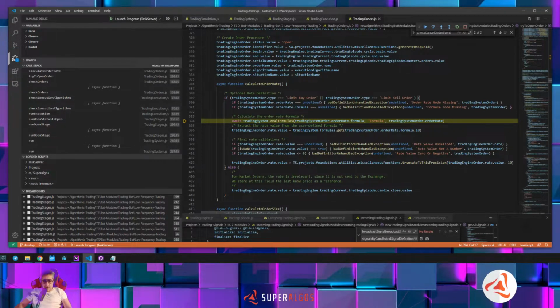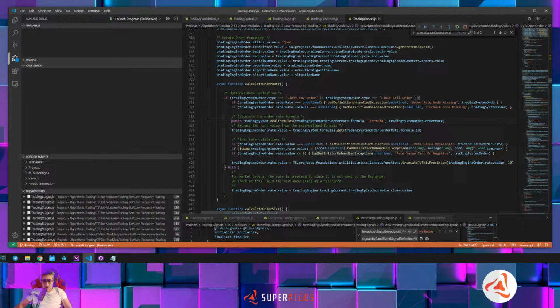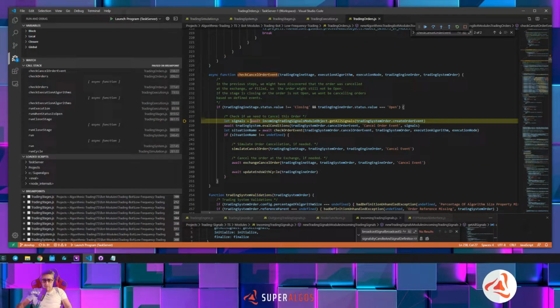Okay, this is not the breakpoint we were waiting for. This is the breakpoint we were waiting for.